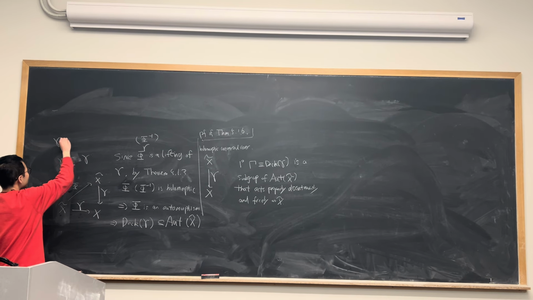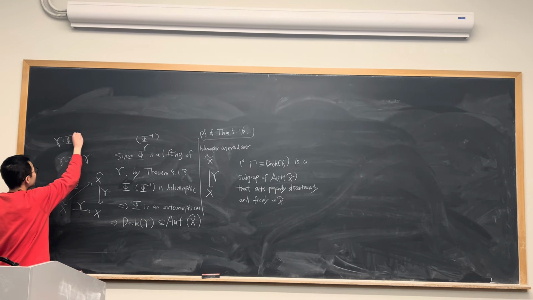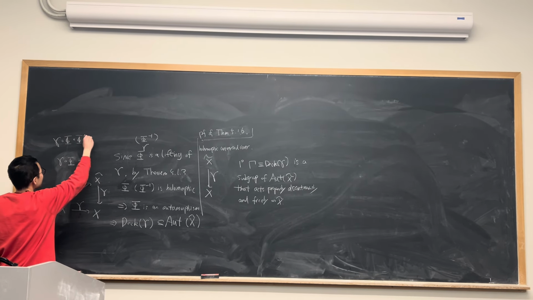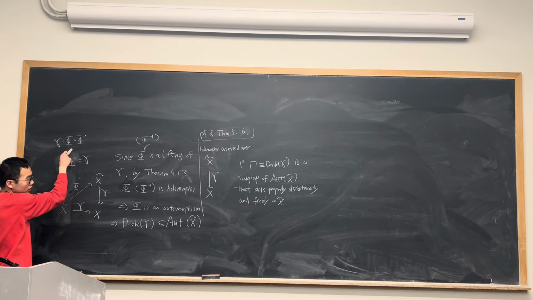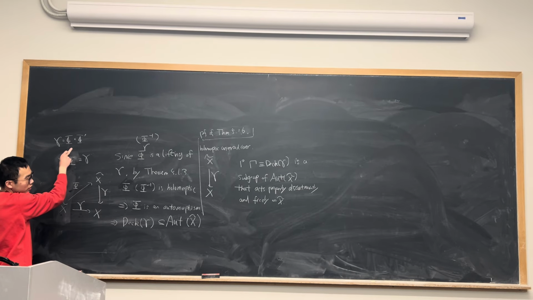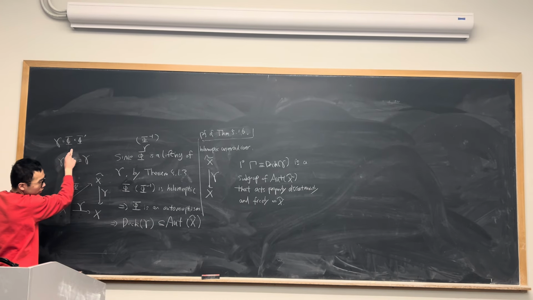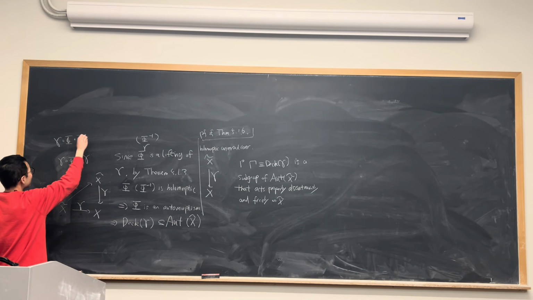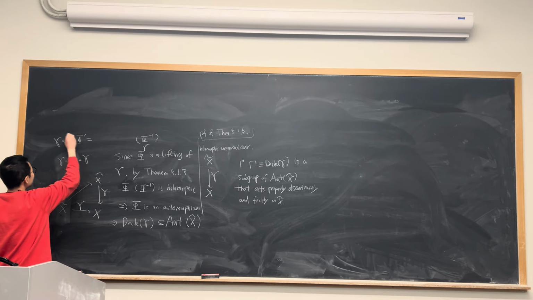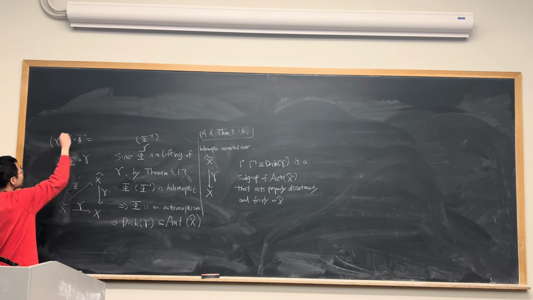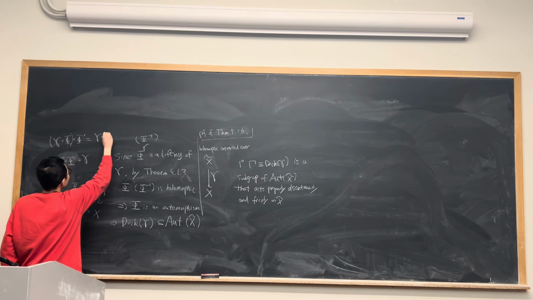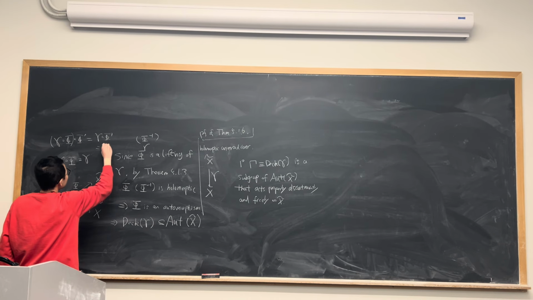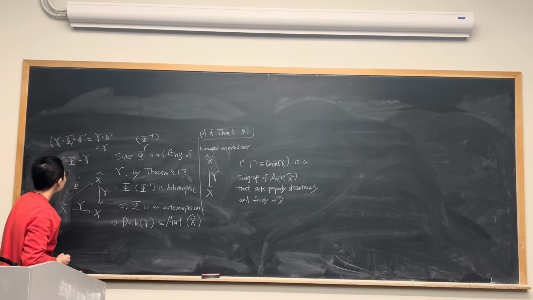So if you have gamma, so that phi prime into the deck transformation, and then you have this one. So basically, I think this is equal to this one, and then this is equal to gamma. Yeah, so it is indeed a group.